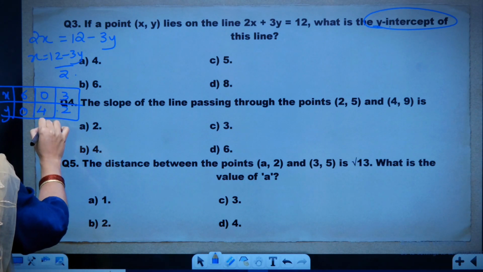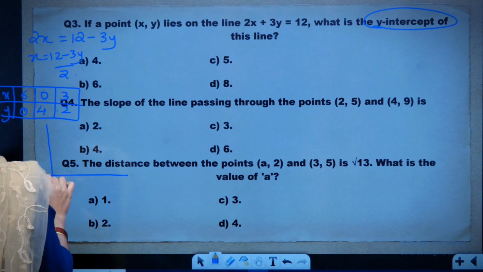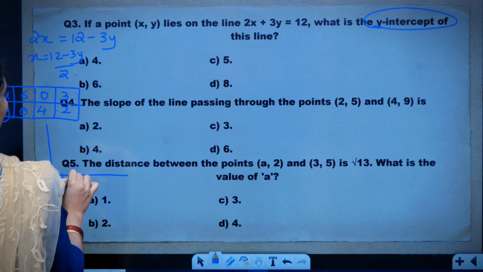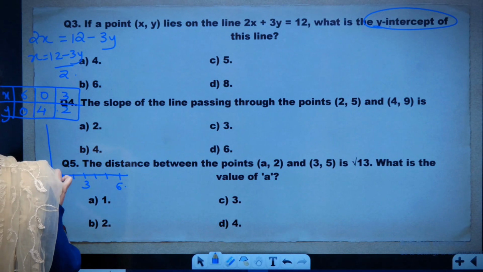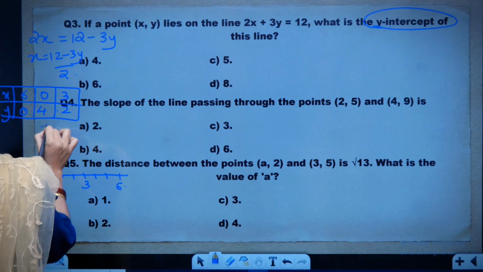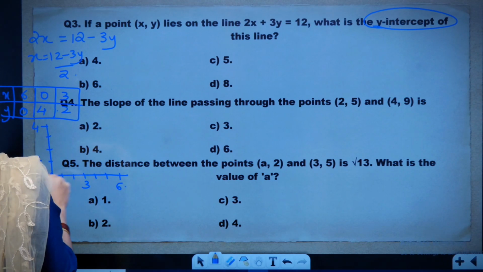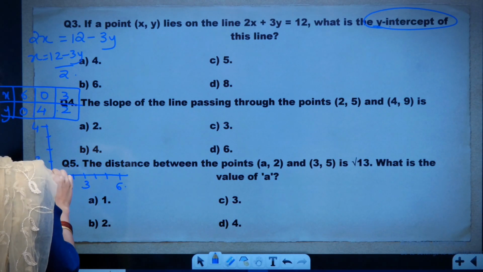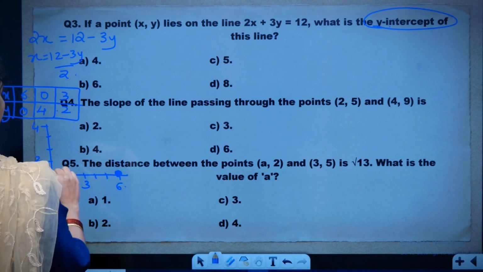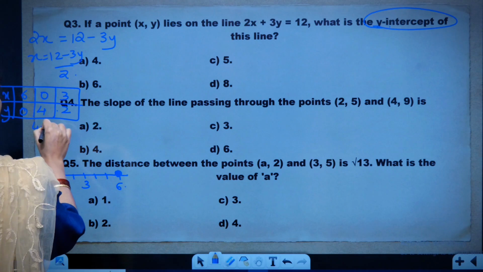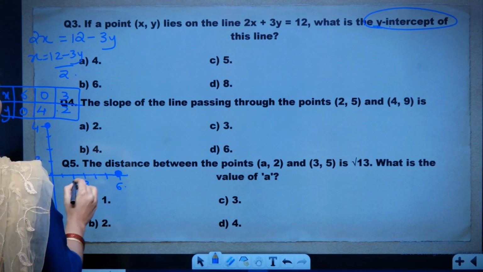Now if I draw the graph for this, this is my 1, 2, 3, 4, 5, 6, 3, and this is my 1, 2, 3, 4, 2 and 4. Now this graph has the point (6, 0) on the x-axis, this point (0, 4) here, and (3, 2) here.